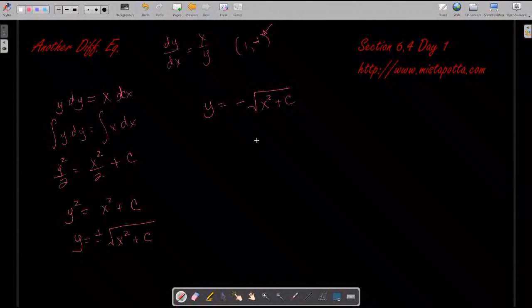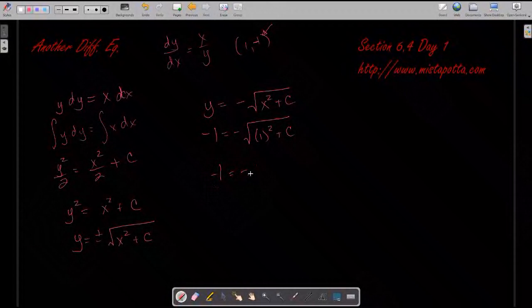And so what I need to do now is substitute these x and y coordinates into my function and solve for c. So I end up with negative 1 equals negative radical 1 squared plus c, or negative 1 equals negative radical 1 plus c.